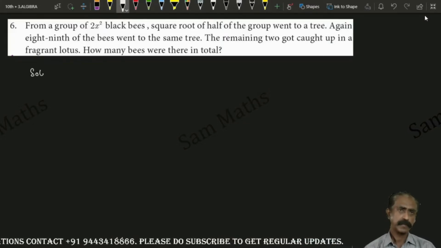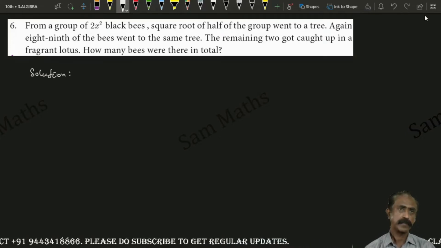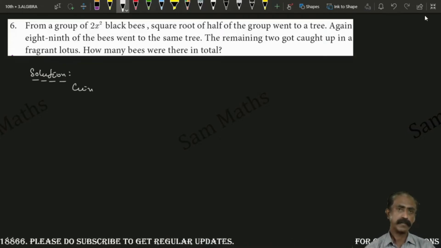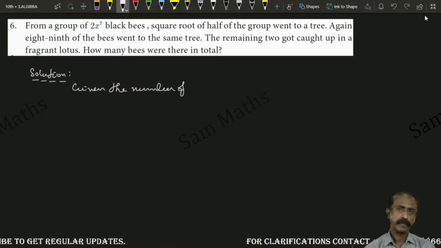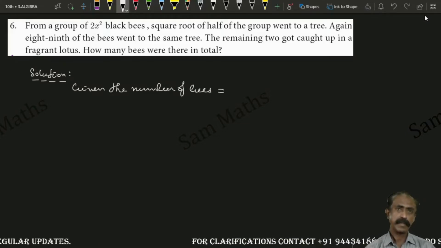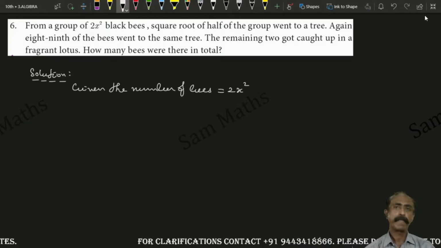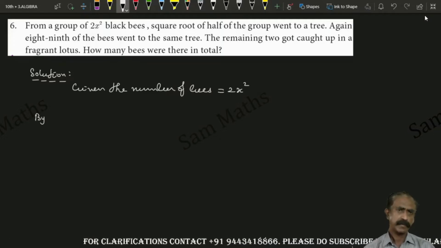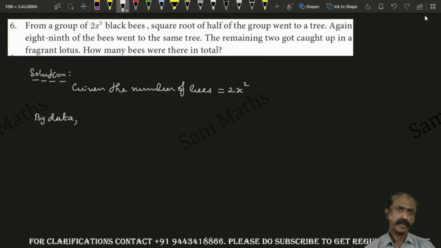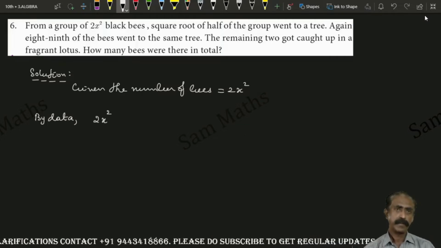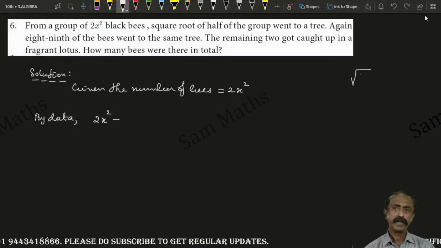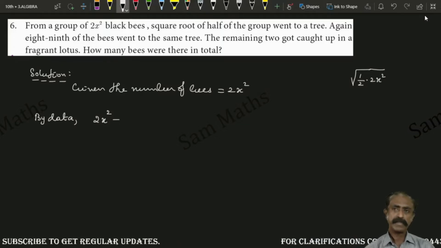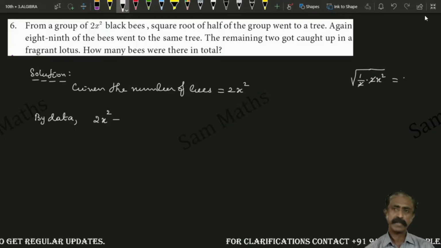Solution. Given the number of bees equal to 2x square. By data, what's given? 2x square minus square root of half of the group, 2x square, which is equal to, you can cancel those two, we are getting x.